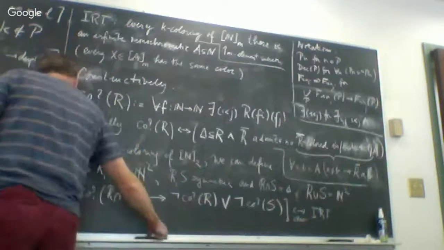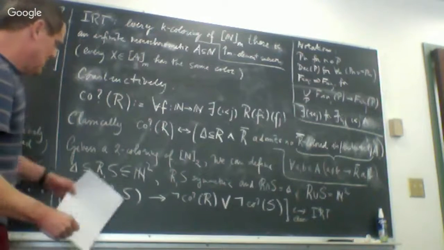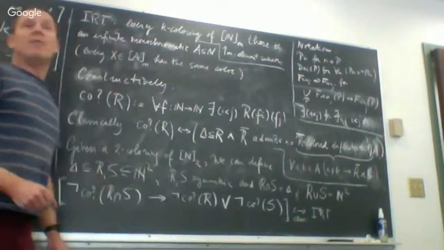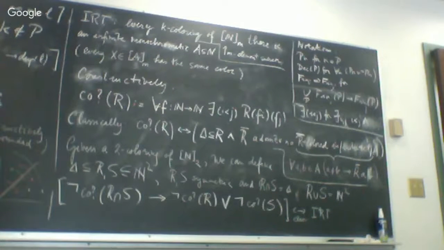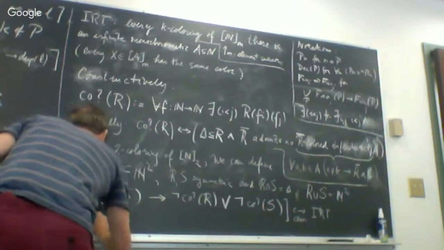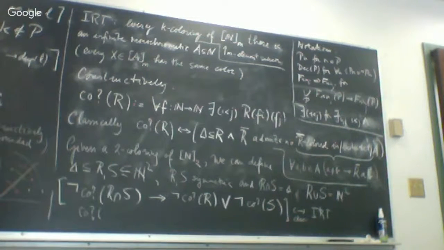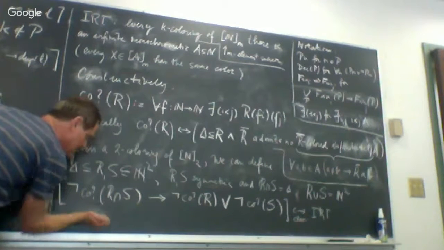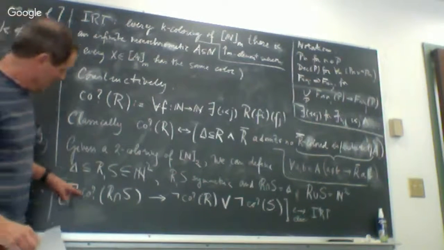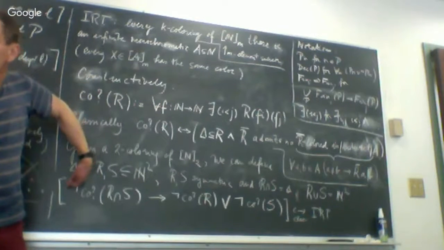But now what we can do is to show that co-something is closed under intersection. If we show that co-something is closed under intersection, then we have something which is equivalent to this one, classically.